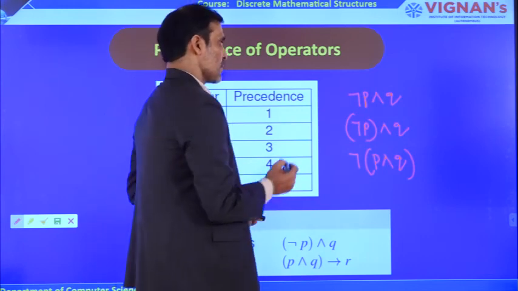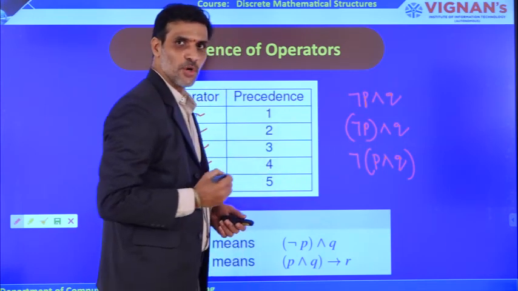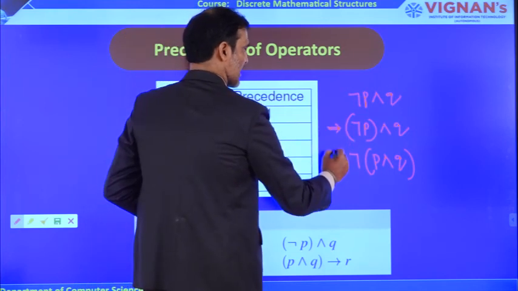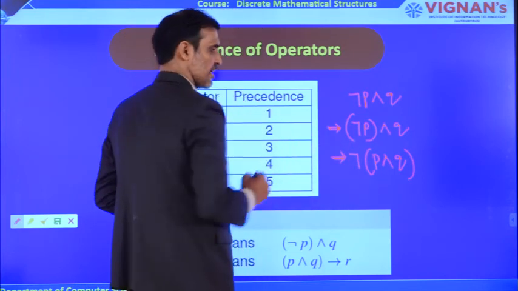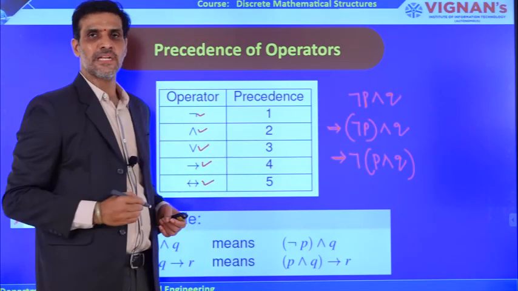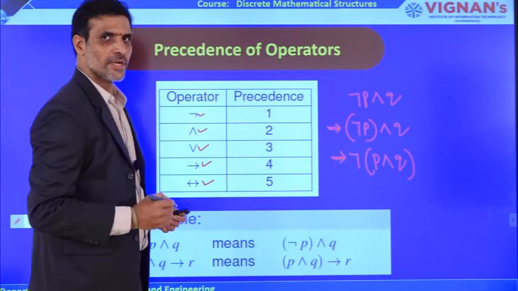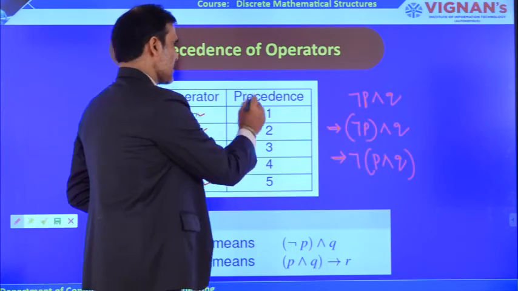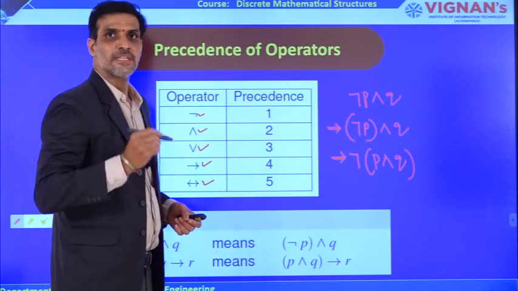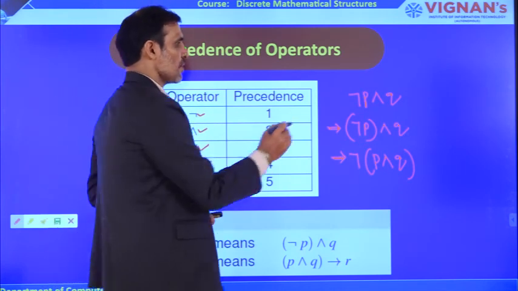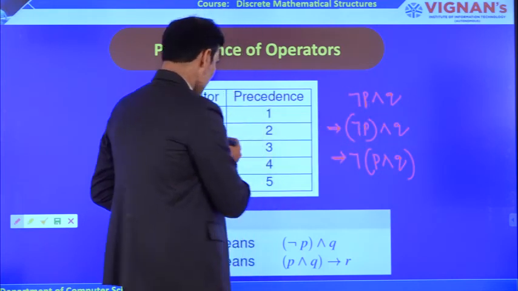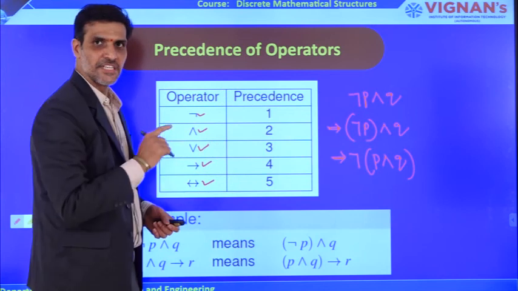If you don't know the precedence of these operators, you have an ambiguity of taking the sentences one way or the other. If you know the precedence of these operators, then as per the precedence, the highest priority will be given first to the negation. So we will take the negation first for the given sentence, and then we can go for the conjunction.